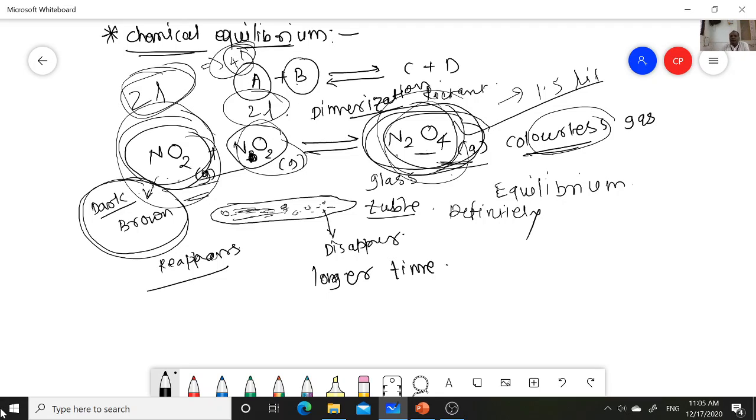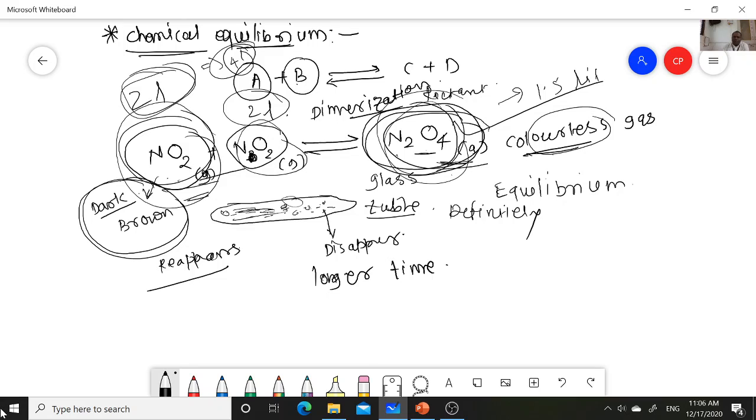What is happening at the molecular level? We can see from the glass tube that the dark brown color disappeared and white colorless gas is formed, that is dimerization. This white colorless gas formed is converting into dark brown. It is forming, but the reaction will stop somewhere in the middle. We can say that there is a mixture of colorless gas as well as dark brown gas.